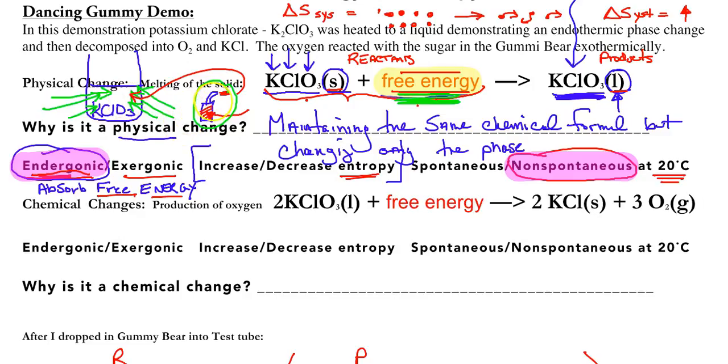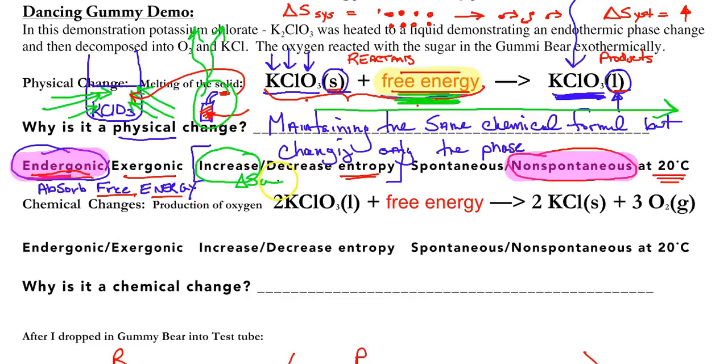Anytime you use a spontaneous process to drive this, and this free energy came from something spontaneous, some of that energy in the spontaneous process had to escape as heat. So you could say that the delta S of the universe increased.